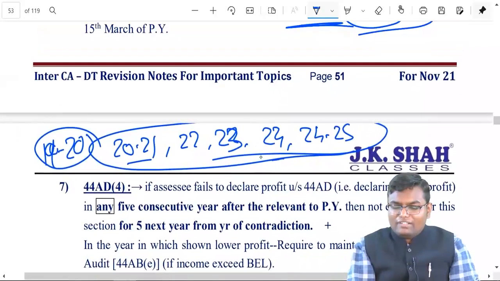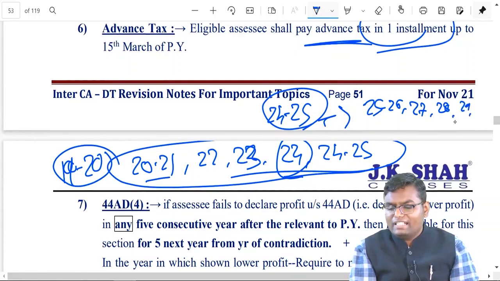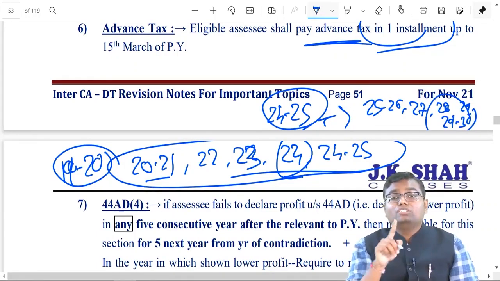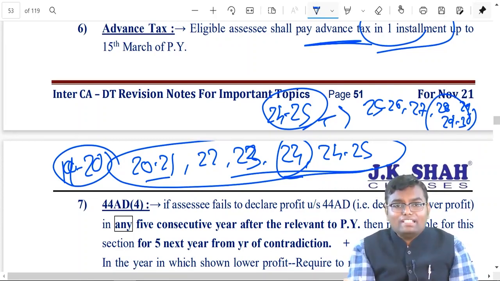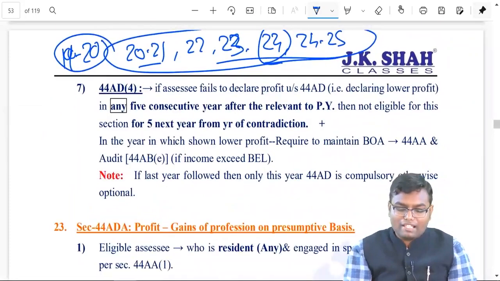Let's say in the year 24-25 I showed lower income. So in that year books are to be maintained and audit to be done. But after that, for 5 years, that is 25-26, 26-27, 27-28, 28-29 and 29-30, you cannot apply 44AD. You have to follow the normal provisions of this Act.